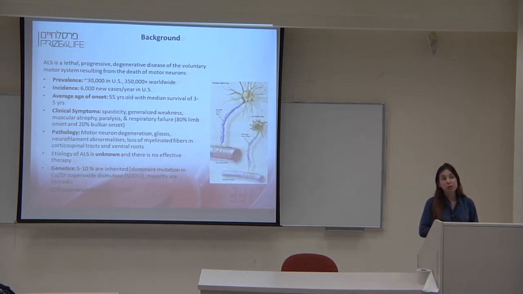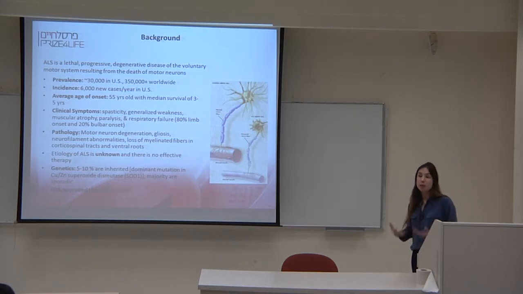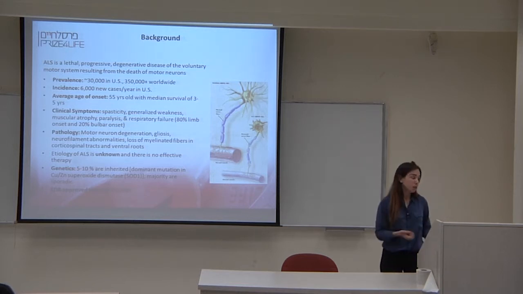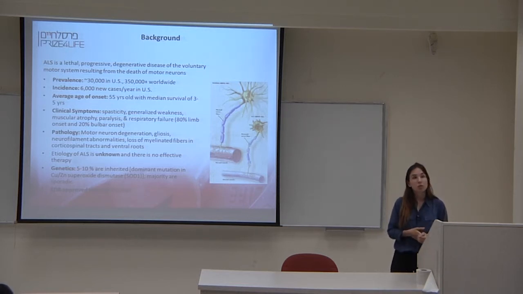In Israel, there's about 800, which puts the prevalence of the disease at about 1 in 10,000. So at any given moment, 1 in 10,000 people is living with ALS. However, the probability of contracting ALS is about 1 in 1,000. So 1 in 1,000 people living today will die of ALS.